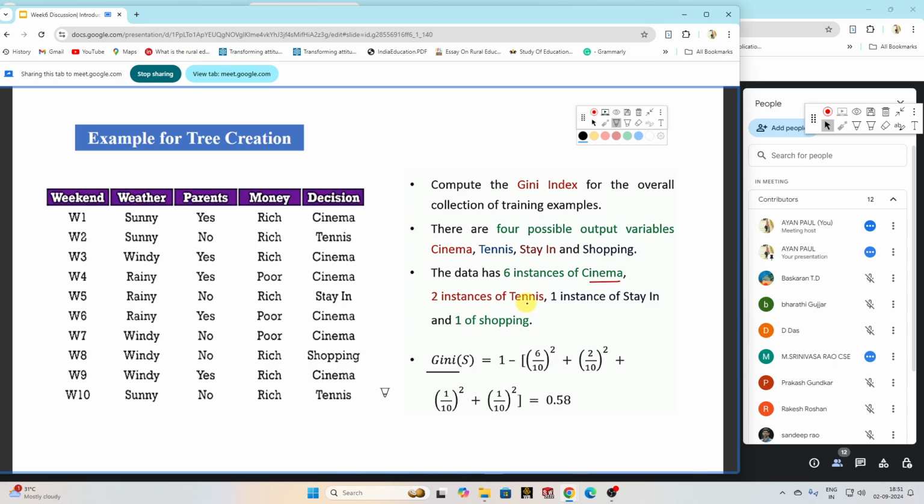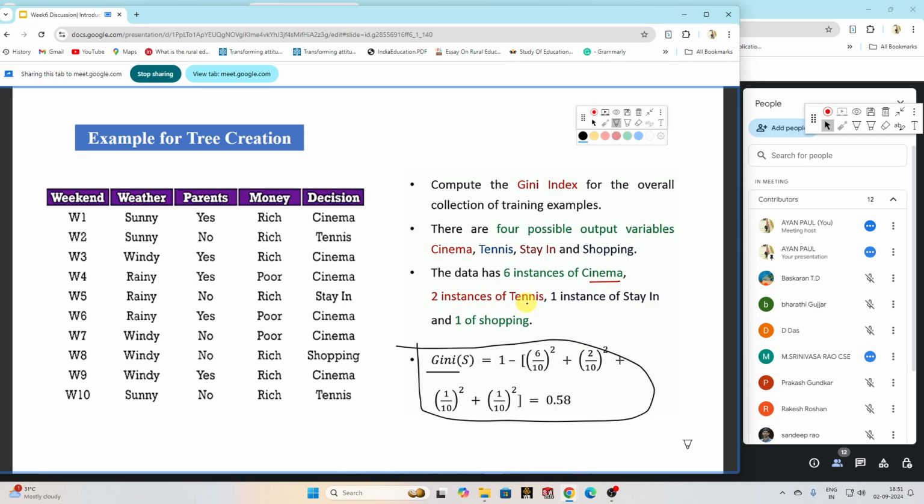So the Gini index of the whole set is 1 minus sigma pi square: 6 by 10 whole square for cinema, 2 by 10 whole square for tennis, 1 by 10 whole square for stay in, and 1 by 10 whole square for shopping. So this is the Gini index of your whole set. Up to this it is clear, right?